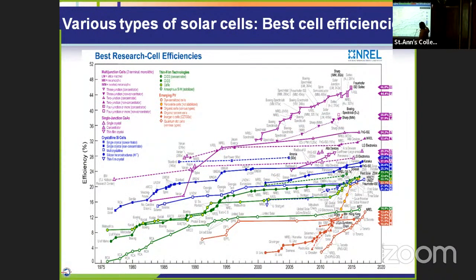Now you see the maximum is 46%. That is basically the multi-layer cells that have a special application in space only, and the method by which they are made is very expensive. So you cannot use that for a domestic application. Whereas in this 28 to 21 range, these are all commercialized technologies available at this moment.